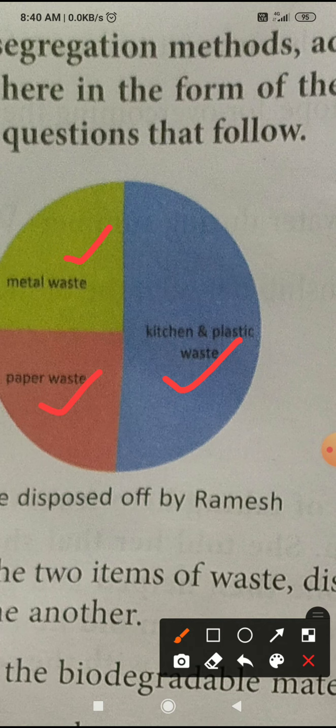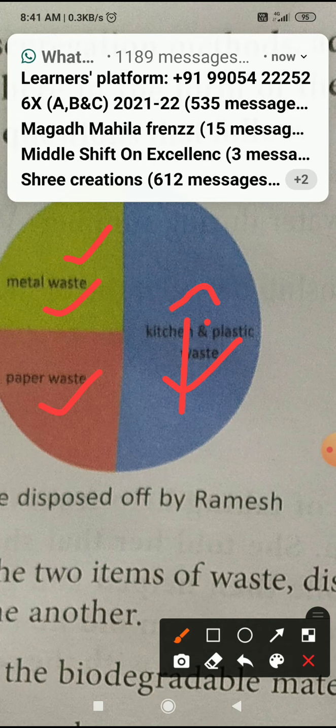At your home also, the substances that are not used are called waste material, and especially it is thrown in the dustbin. So you will find minutely that there must be metal waste, kitchen waste, it means the vegetable peels and the fruit waste, so many waste plastic bags in the kitchen waste, and paper waste also.